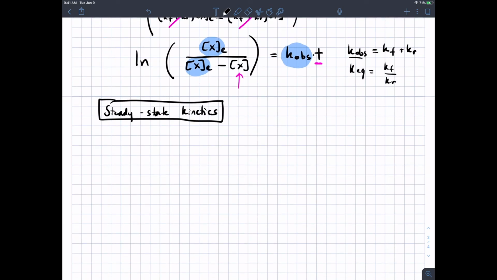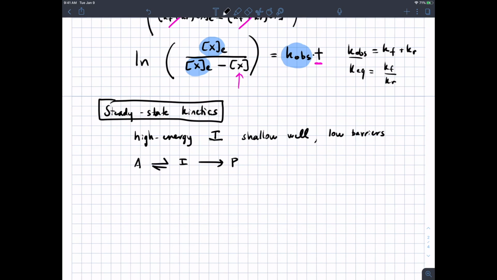Okay, so in steady state kinetics, the situation is you have a high energy intermediate I, and it's in a shallow well, and you're also going to assume that I has fairly low barriers to go back to starting material or on to product.